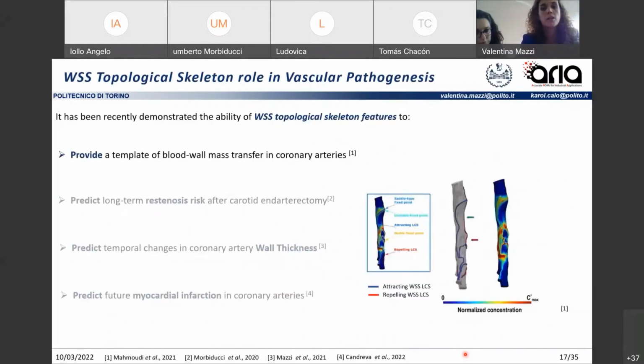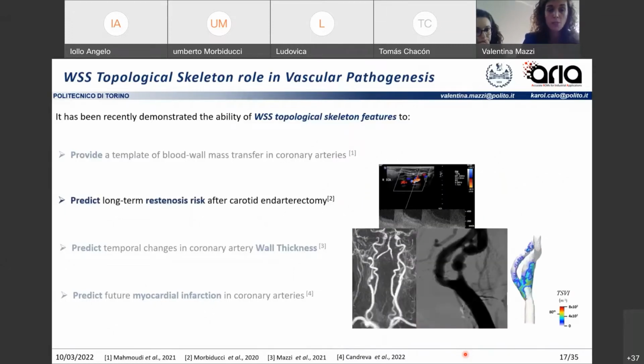Very recent findings have suggested a strong link between wall shear stress topological skeleton features and adverse vascular response. In particular, it has been demonstrated that the wall shear stress topological skeleton can be useful to provide a template of near-wall mass transfer in a patient-specific computational hemodynamics model of coronary artery.